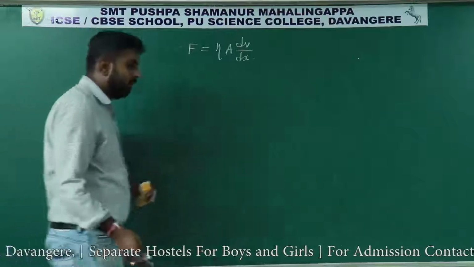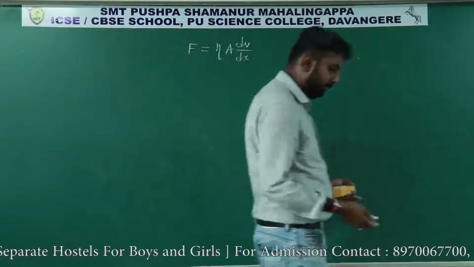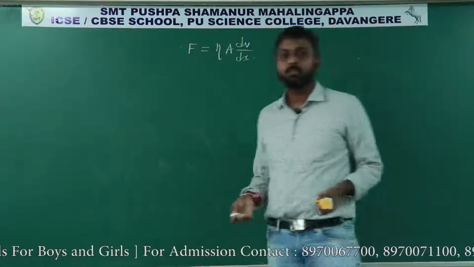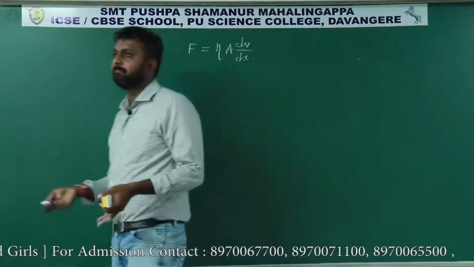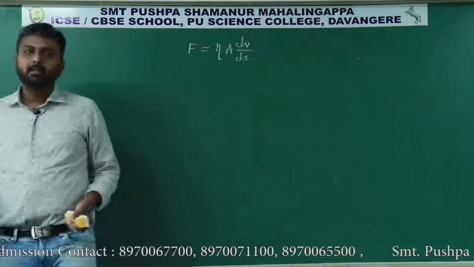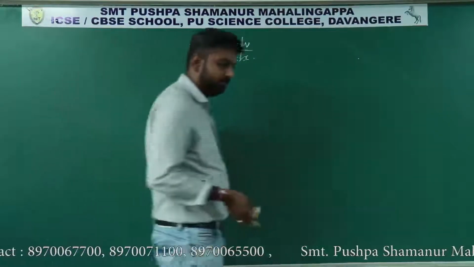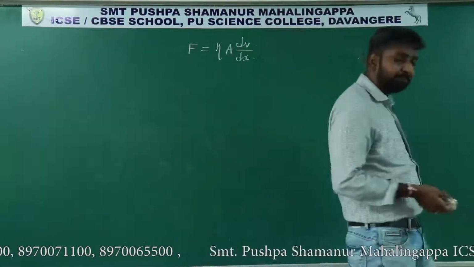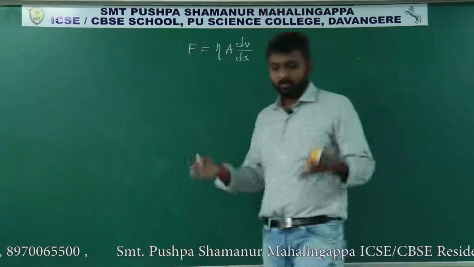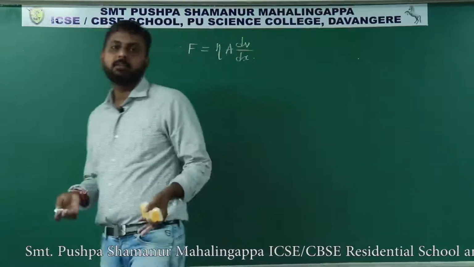Sometimes with this drag force or viscous force, we have some advantages and some disadvantages also. Most of the time we need to reduce the drag force or viscous force.